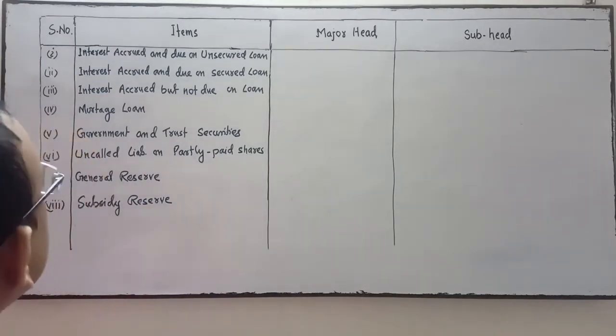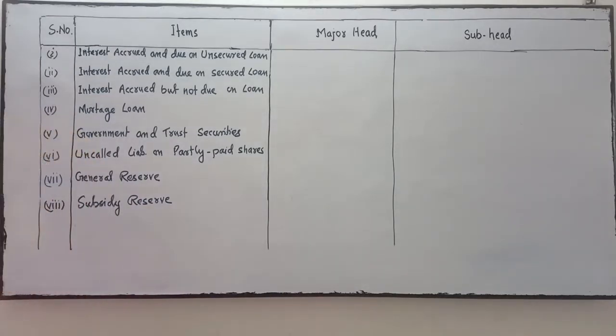Come to number 1, interest accrued and due on unsecured loan. This will come under current liabilities.